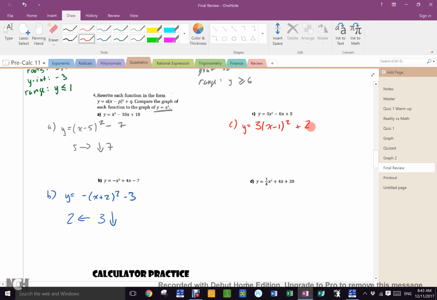Two. All right. And where did it move? 1 right and up 2. Excellent. Anything else weird about this one?